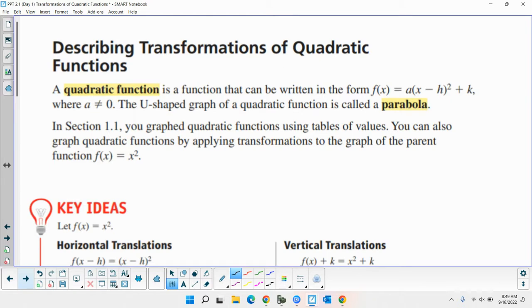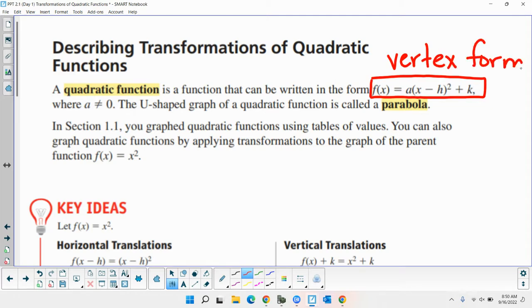But anyway, a quadratic function is a function that can be written in this form, okay? This is called vertex form. You know, y equals mx plus b, we call slope-intercept form, right?